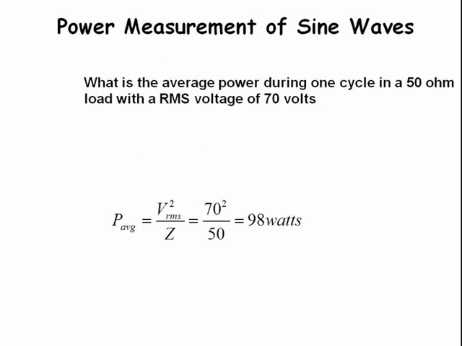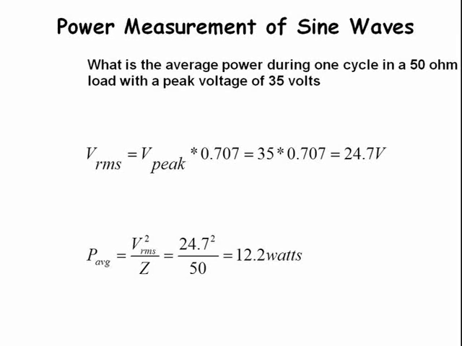What is the average power during one cycle in a 50 ohm load with a RMS voltage of 70 volts? Well, average power equals voltage RMS squared divided by impedance, which equals 70 squared divided by 50, which equals 98 watts.